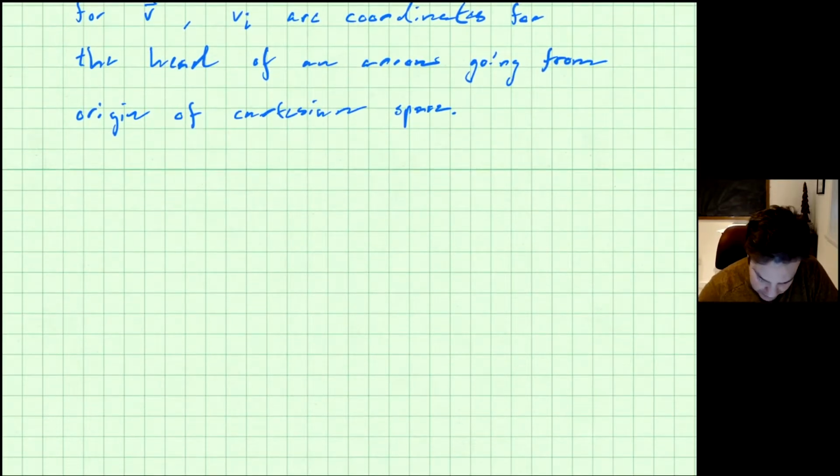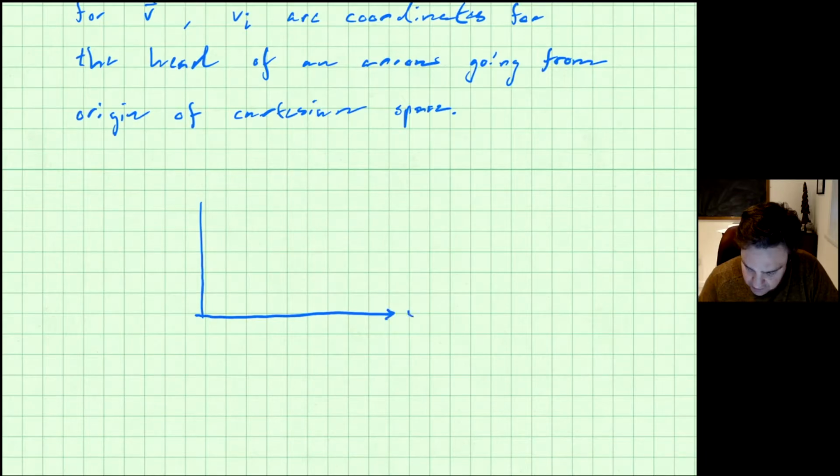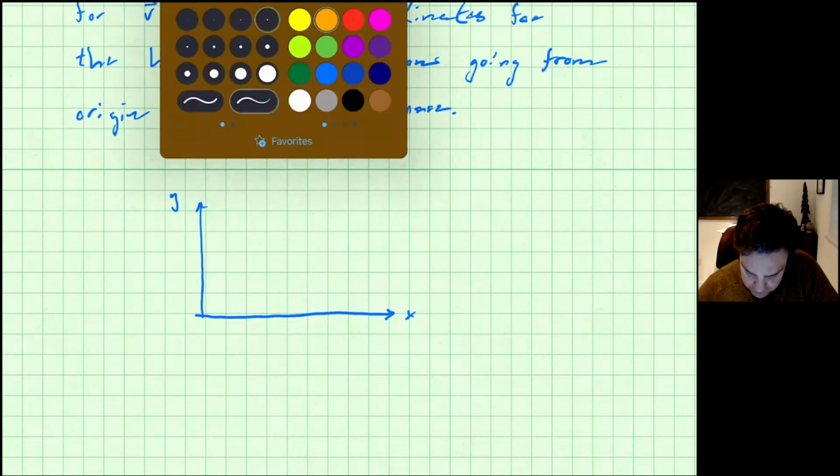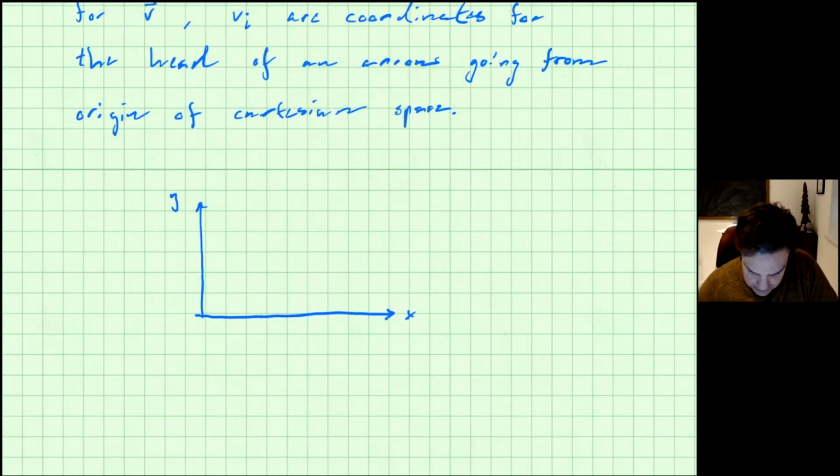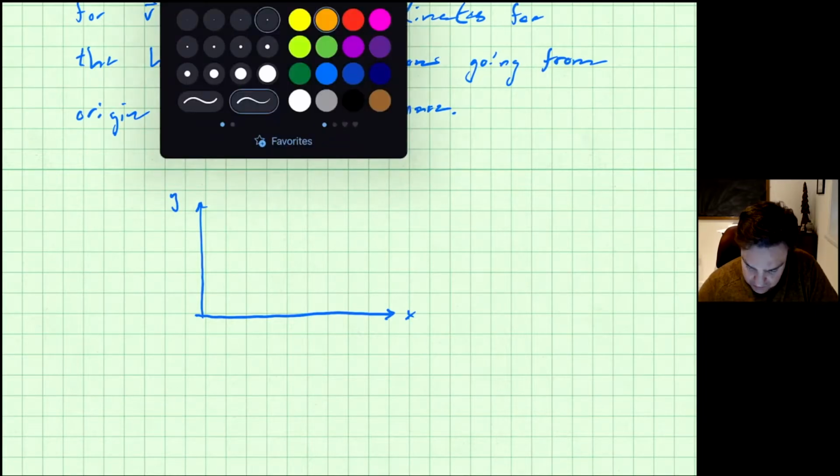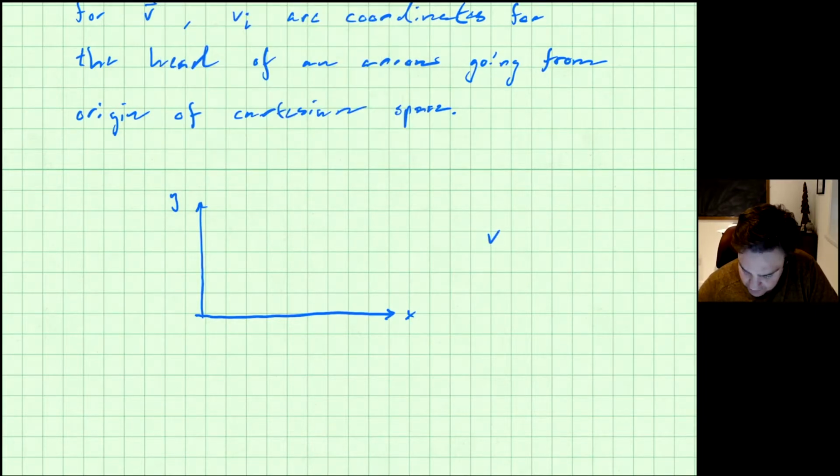And so let's just draw a picture. Let's say you have a two-dimensional case, and these are your x and y axes. Suppose you have a vector v, and it has two different pieces, v1 and v2.